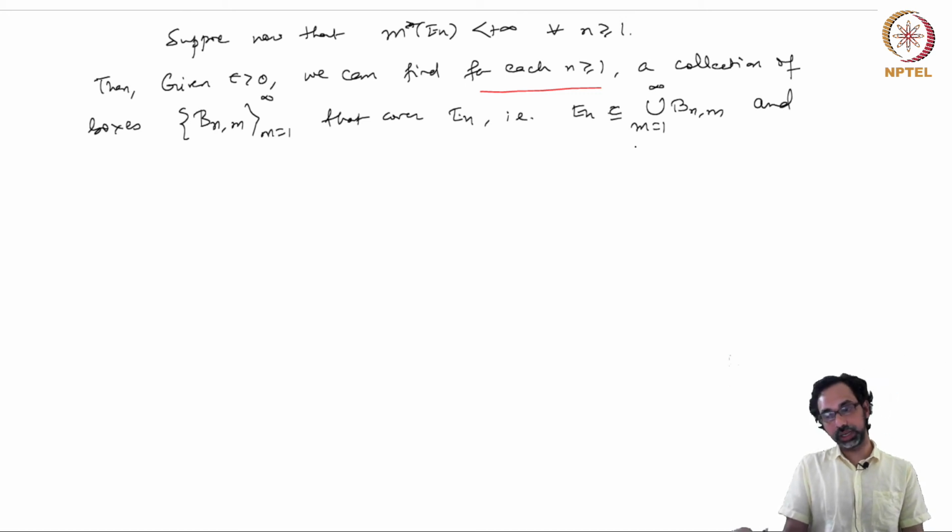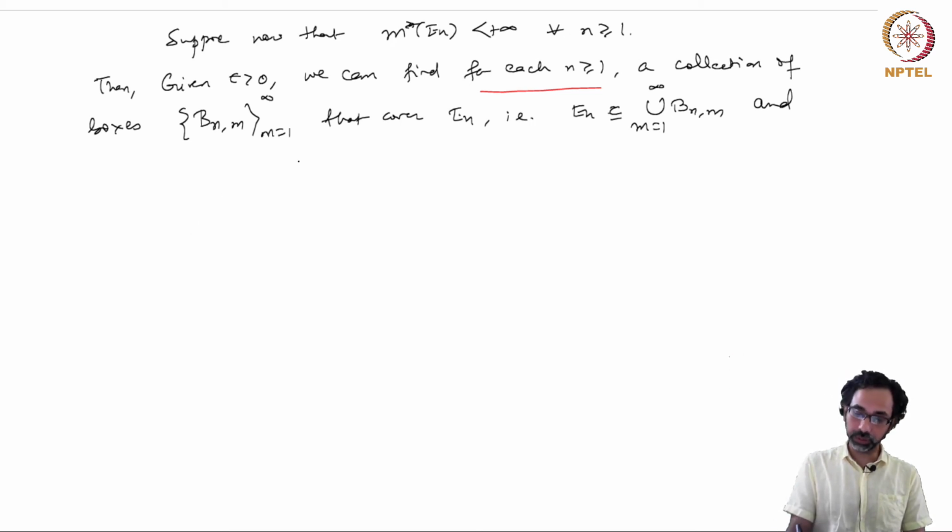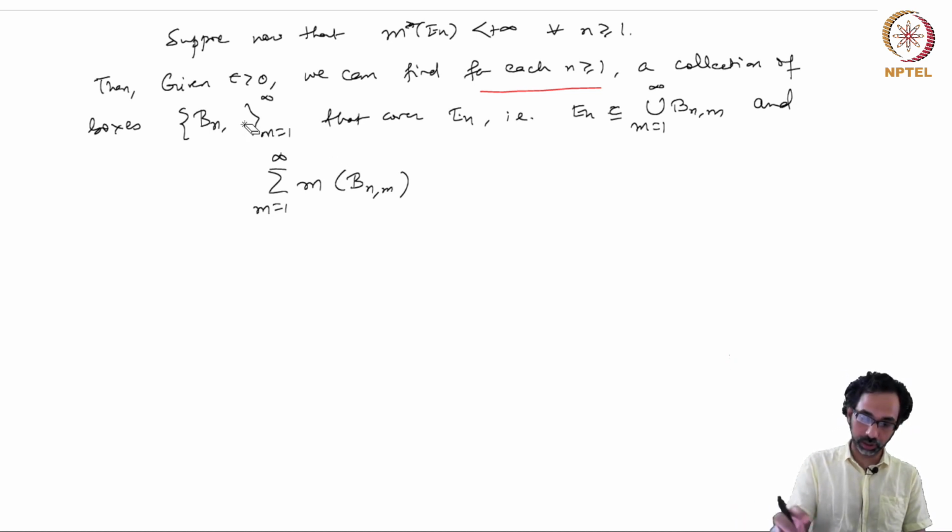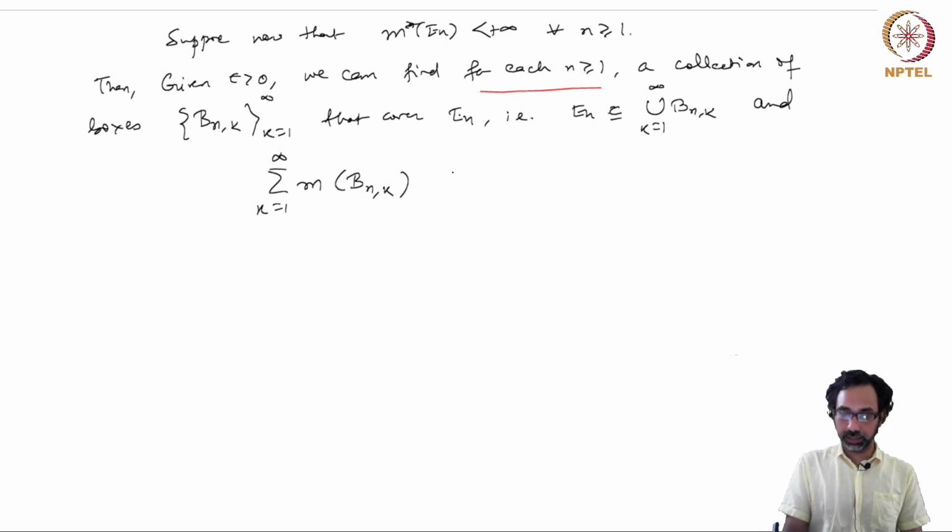and not only that it covers this En, we also want to use the infimum property. So, we want to use that this sum from k equal to 1 to infinity, m star of b n k (there are too many m's, so let me write k instead of m for the indices), is less than or equal to, we want it to be close to the infimum value, plus epsilon over 2 to the power n.